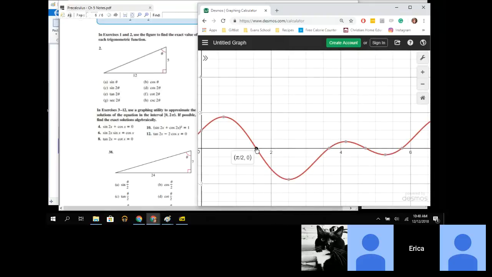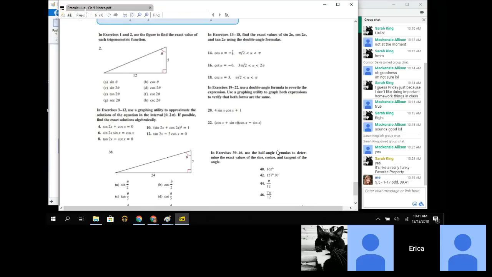It equals 0 at pi over 2, 7 pi over 6, 3 pi over 2, and 11 pi over 6. So that's how you would find all the values for that. I think those should be pretty easy. So then let's skip to something like number 14.